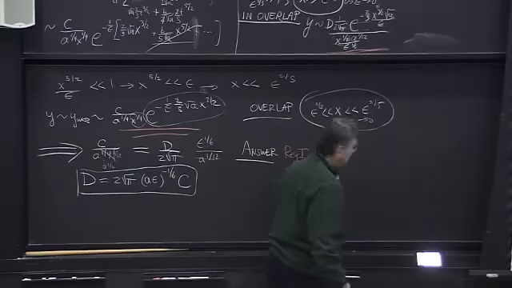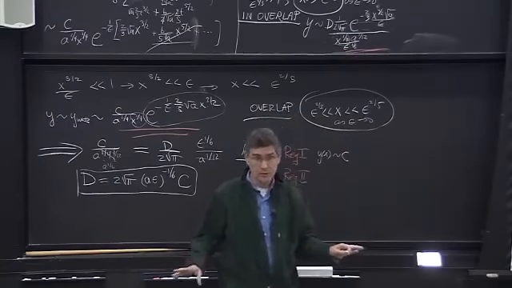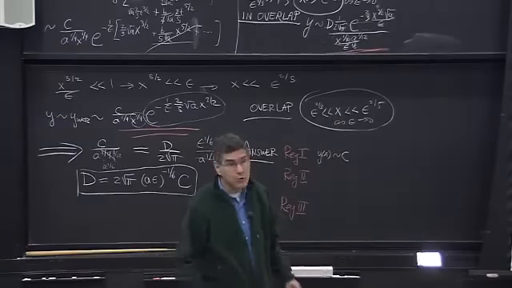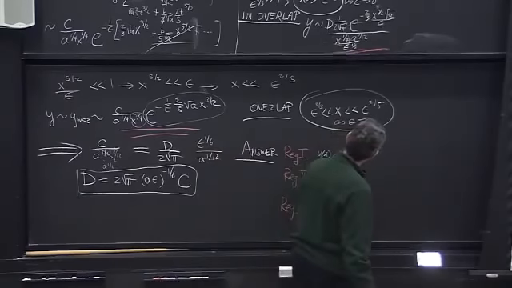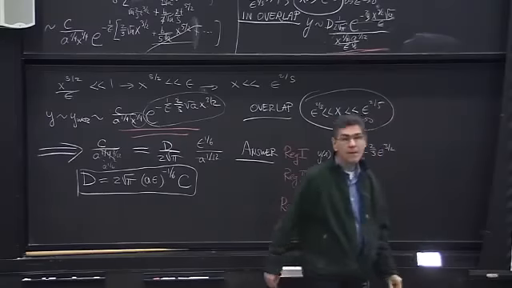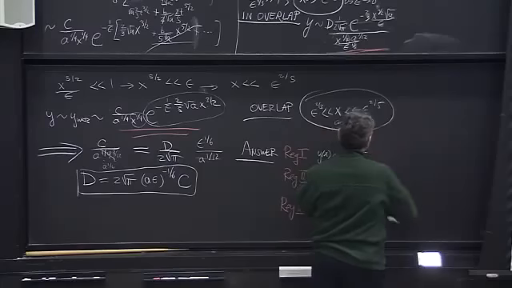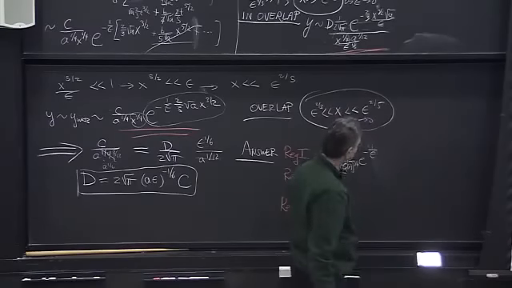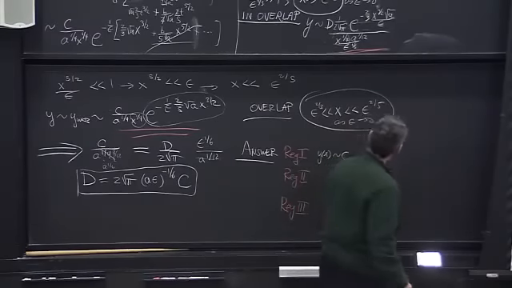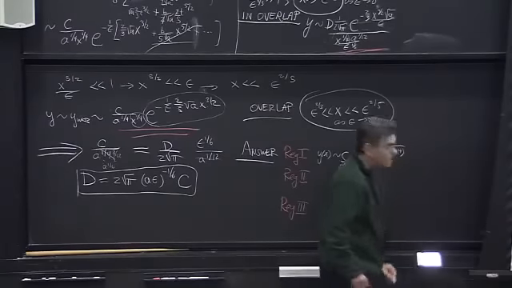y of x is asymptotic to a constant which we cannot determine. Okay, this is a linear differential equation, so we don't know what the constant is, times 1 over q of x to the 1/4 times e to the minus 1 over epsilon, times the integral from 0 to x of dt square root of q of t.